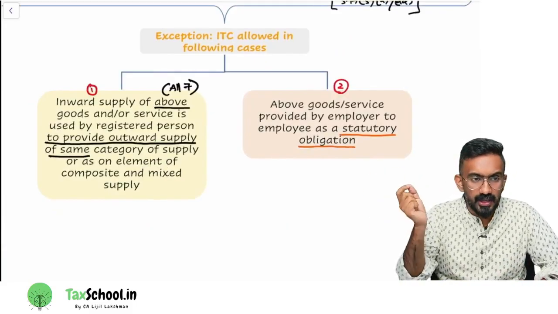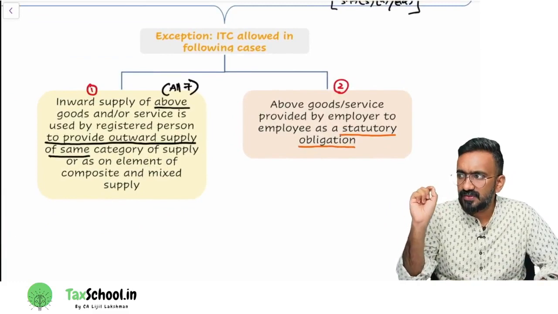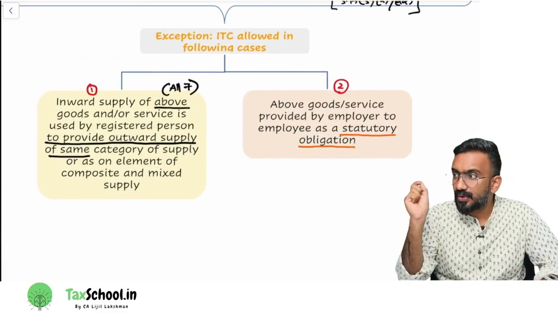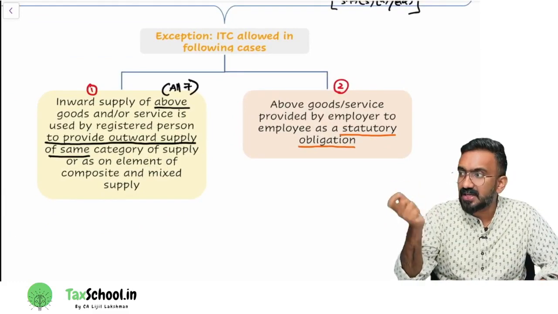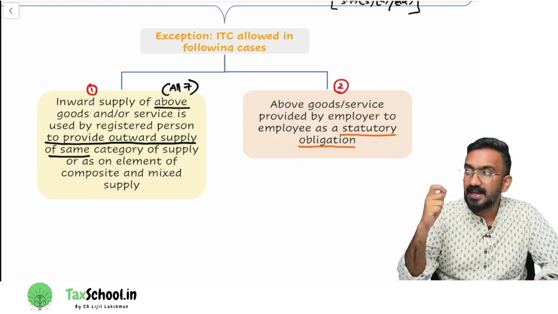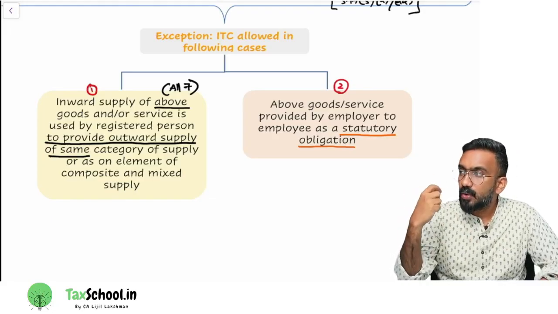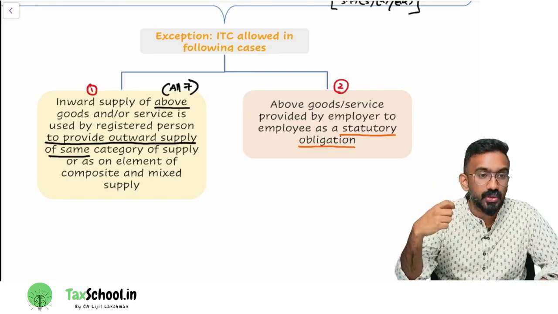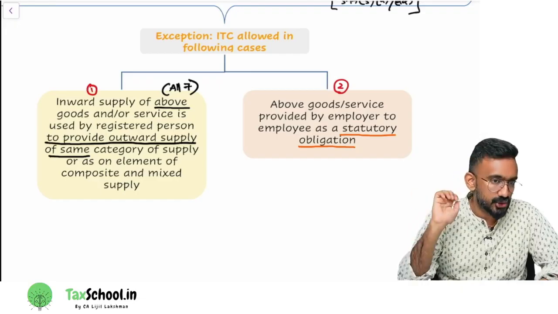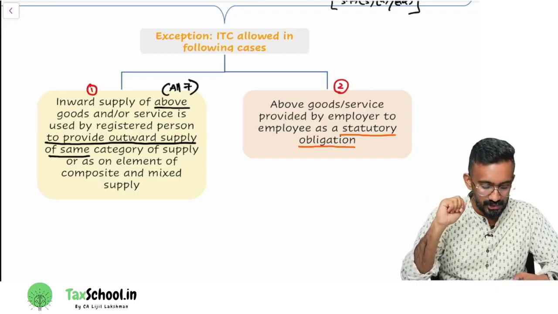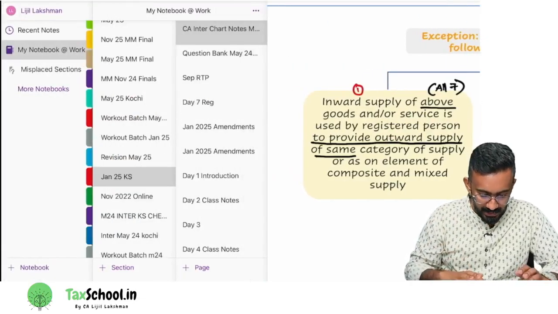Inward supply of above all seven goods or services by registered person to provide outward supply of same category of supply or as an element of composite or mixed supply. Number two, above supply of service or goods provided by employer to employee as a statutory obligation. Two exceptions.